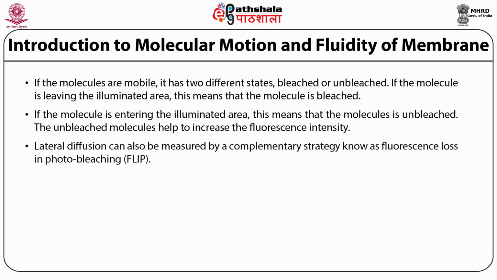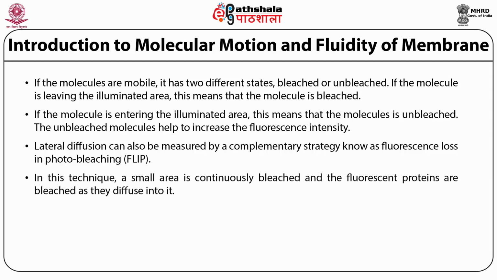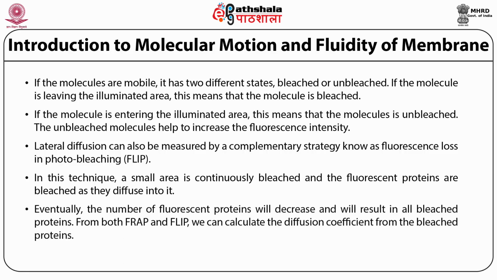Lateral diffusion can also be monitored by a complementary strategy known as fluorescence loss in photobleaching, that is FLIP. In this method, a small area is continuously bleached and fluorescent proteins are bleached as they diffuse into it. Eventually, the number of fluorescent proteins will decrease, resulting in all bleached protein.